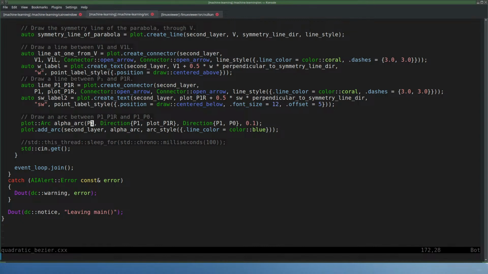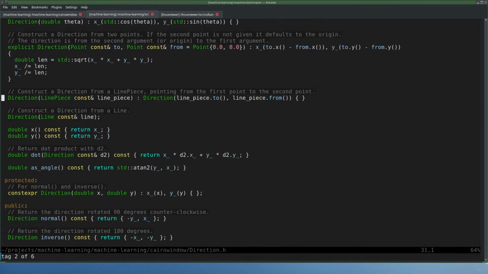This should be a direction from P1 to P1R. That looks okay to me. And from P1 to P0. So yeah, something is definitely not working then. Direction. No, it's not, because the 2 point is first.